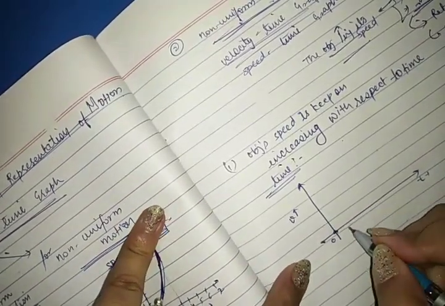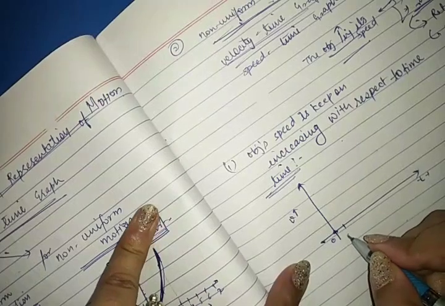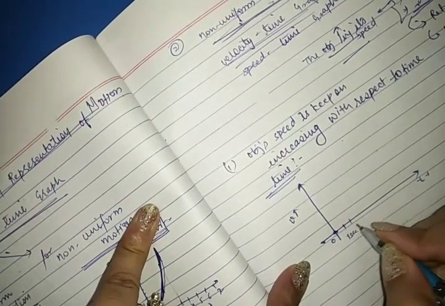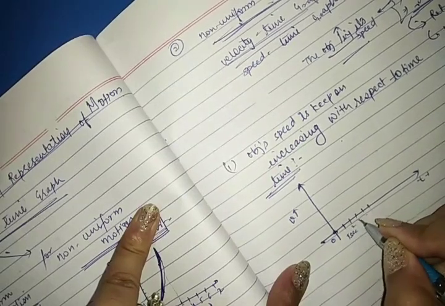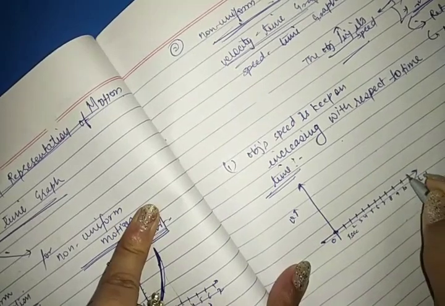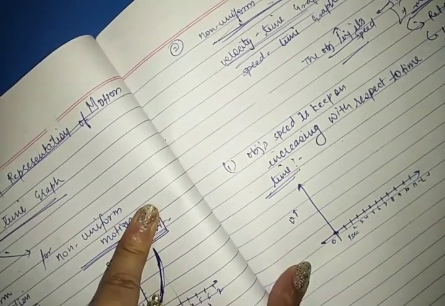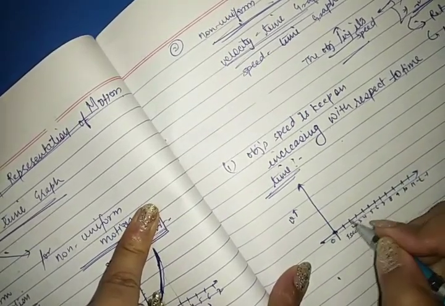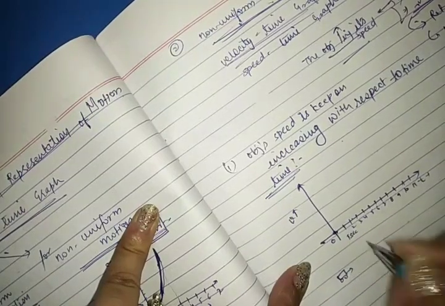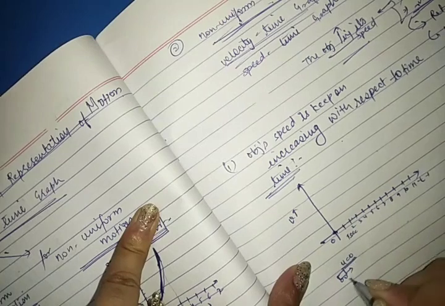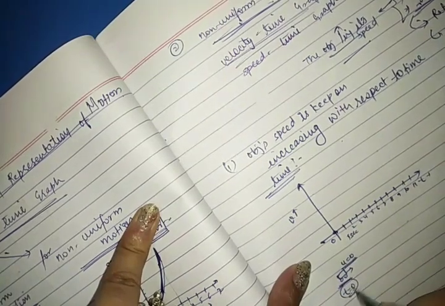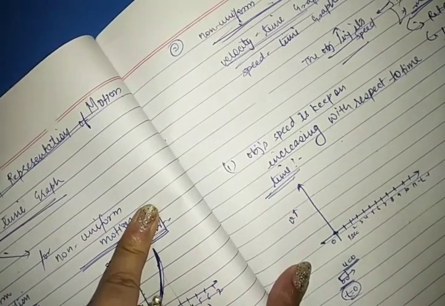So this is the time axis, 1 second, 2 second, 3, 4, 5, 6, 7, 8, 9, 10, 11, right? From 0 to 2 second, the object increases its speed, because as it started its journey at t equal to 0, the initial velocity will be 0, right?